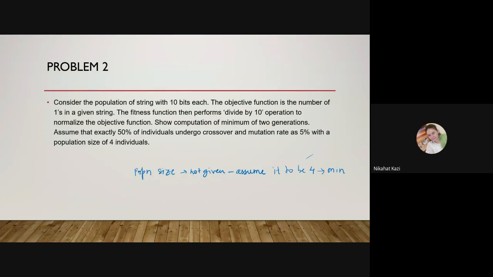So let us try to do one generation of it. I'll just solve it by hand.